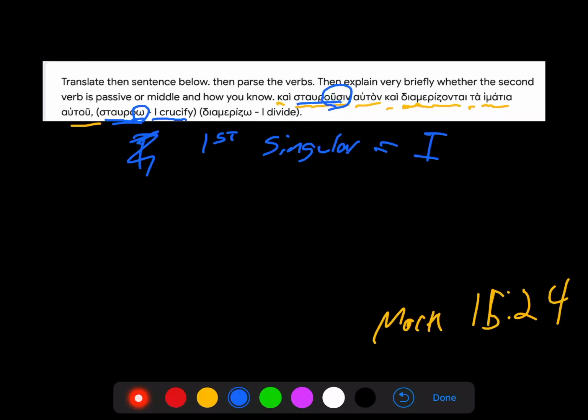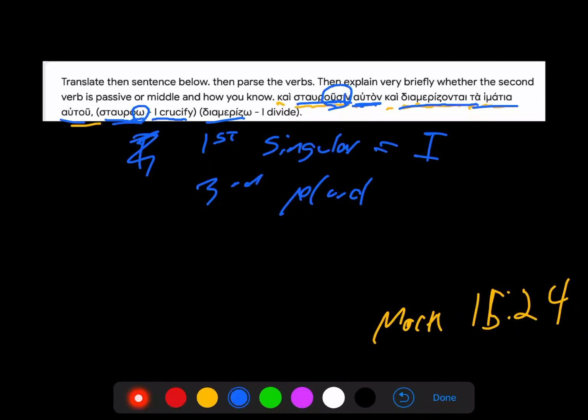It is the ousin, which you should remember was one of the first things we covered, its third person plural. Remember, we go o, eis, ei, omen, ete, ousi, or ousin. The nu is sometimes there, sometimes not. So this is third person plural. It's not I crucify, it's they crucify him, and then this word here, which I told you means divided, divided the garments of him, divided his garments.